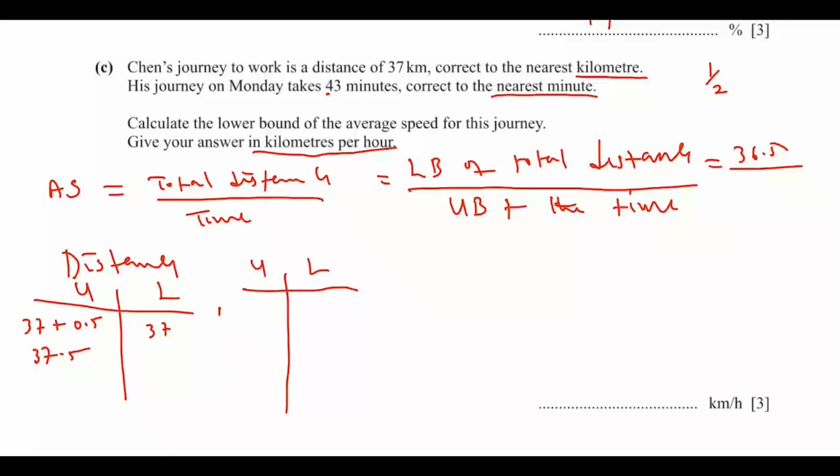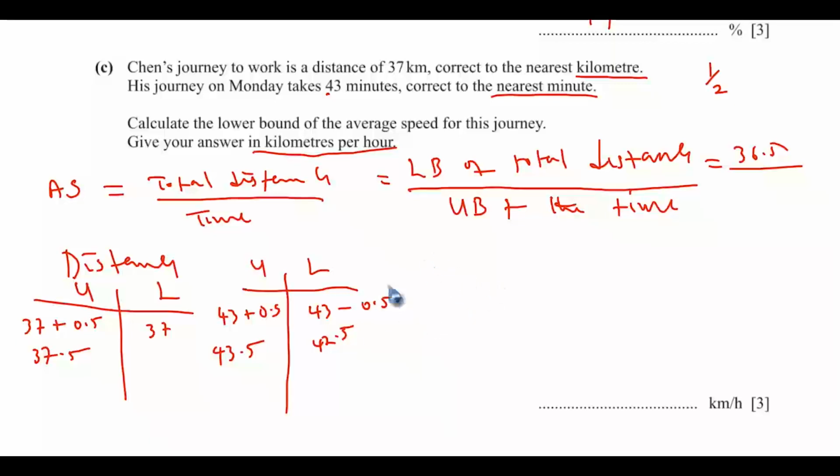The upper bound will be 43 plus something, then the lower bound will be 43 minus something. That something has to do with the degree of accuracy, which is also to the nearest minute, which is 1. 1 divided by 2 is 0.5. So that something is now 0.5. This will give me 43.5, and this will give me 42.5.